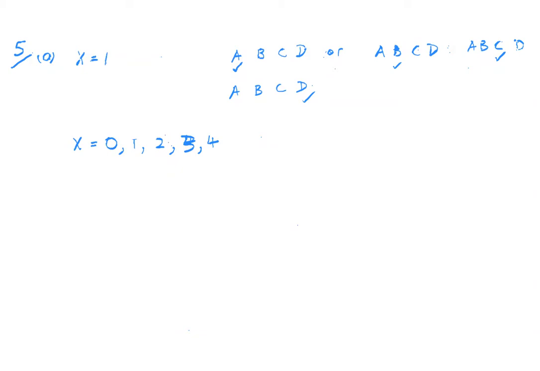So this is X equal to 1. If X equal to 0, it means that all are not accurate. That means all the 4 are not accurate. Do you get me?